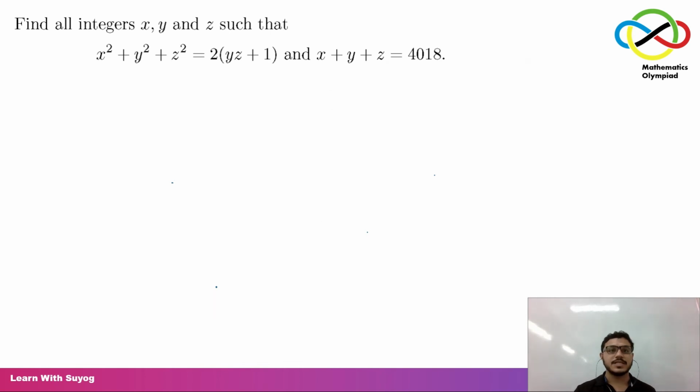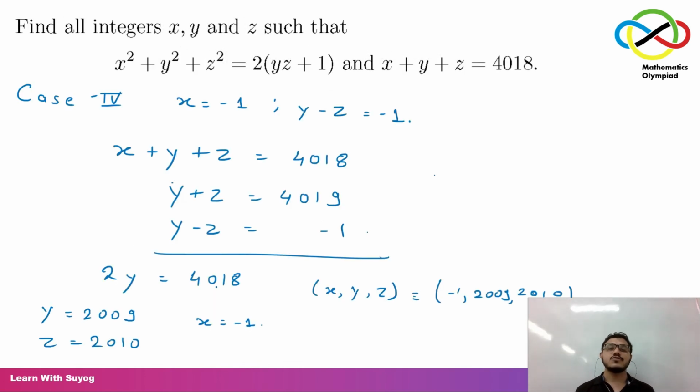And in the last case, when we considered x to be equal to minus 1 and y minus z to be equal to minus 1, we got the solution as minus 1 comma 2009 comma 2010. So this is the set of solutions for x comma y comma z. We have found all the four possible values of x comma y comma z which satisfy these two equations.